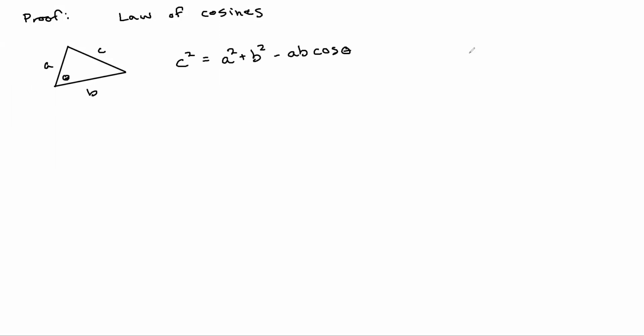Okay, so in order to go through and use the law of cosines, we want to apply it to our situation that we had on the previous slide. Okay, so let's say that this is vector A. This is vector B. And then we're going to need to have this additional side here.